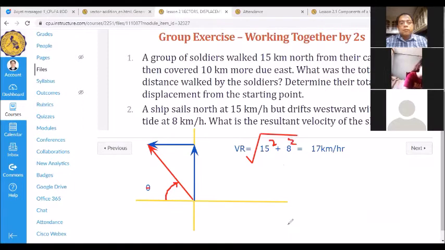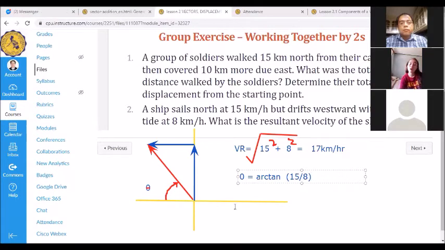Right? And then how about the angle, guys? How do we get the angle? So theta is now arctan of, so our opposite side here will be the one which is 15, and the adjacent side is 8.